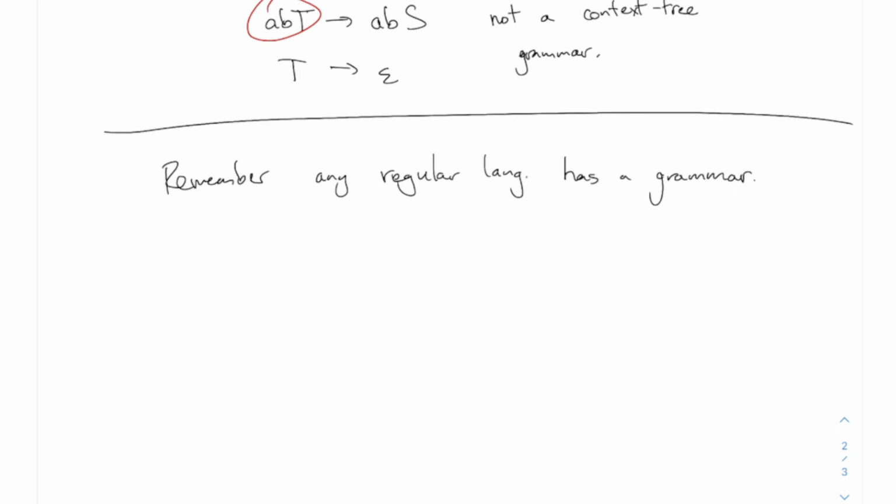Any regular language has a grammar, and we talked about how you could convert an NFA into a grammar. The grammar that you get is what we call a single-step grammar. They are a very simple format. So I'm going to say any regular language has a grammar, and these grammars are always context-free. CFG, when I say CFG, that means context-free grammar.